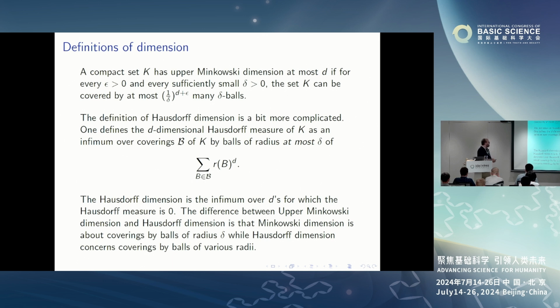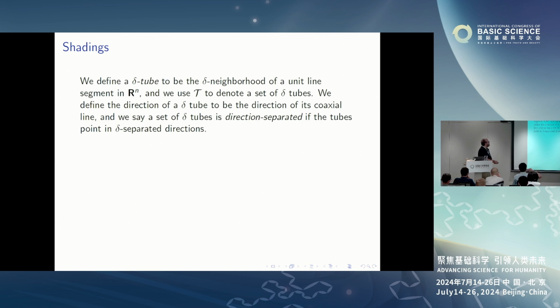And so there are going to be some slightly technical descriptions of parts of delta tubes, which will basically signify the part of the delta tube that's covered by balls of radius delta in the efficient covering. So let me now say that.